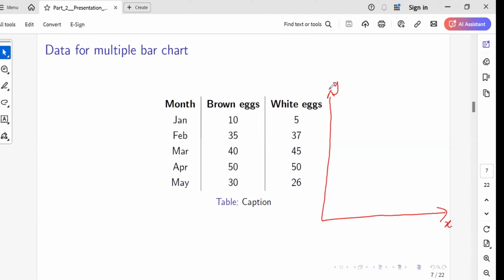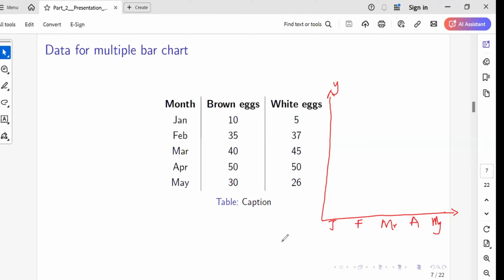I have 5 months as usual, J, F, M, which is March. I do MR for March, April, and then May, MY. Now, brown and white.